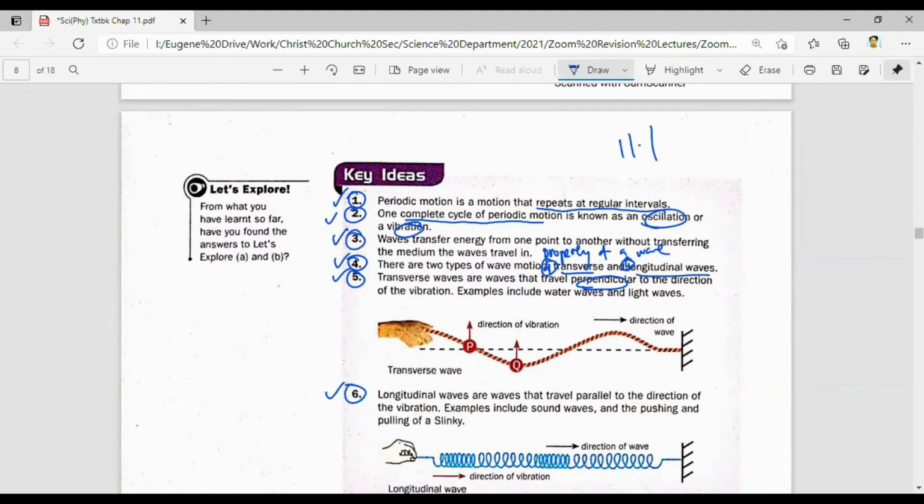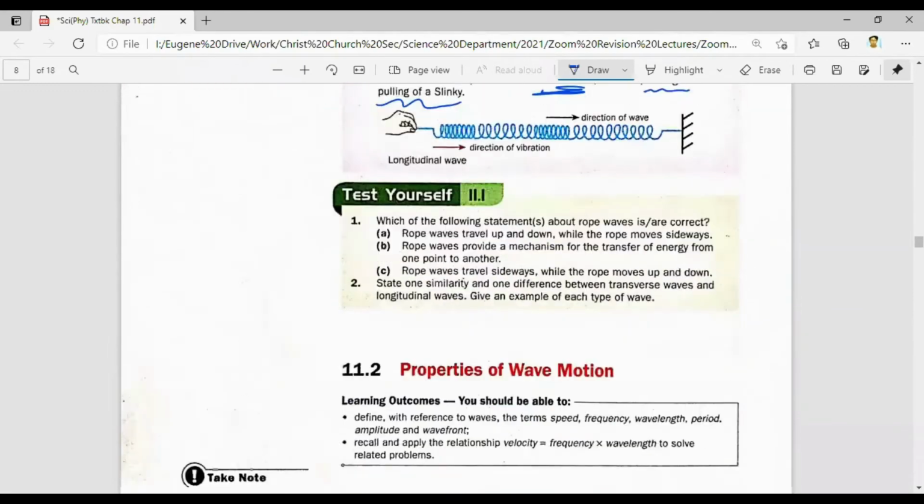Longitudinal wave, we also picked up parallel. And as I mentioned, sound wave is the only one that's quite unique, and do remember that this is the only longitudinal wave. This pushing and pulling of a slinky, I don't really see it come out in the questions. But of course, the push and pull example is given, so I think it should register in your mind quite easily also. Okay, so this is for 11.1.